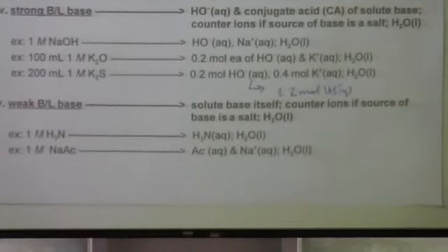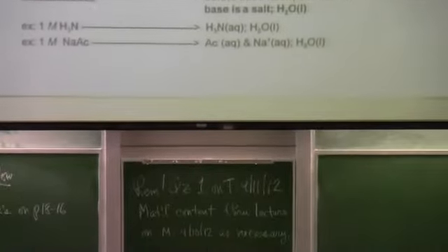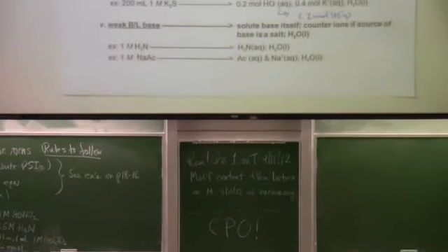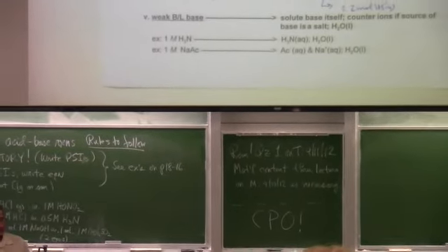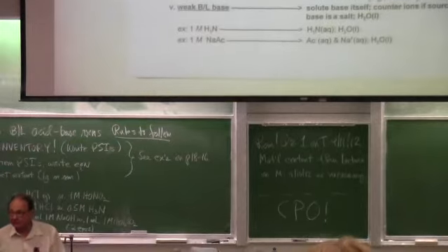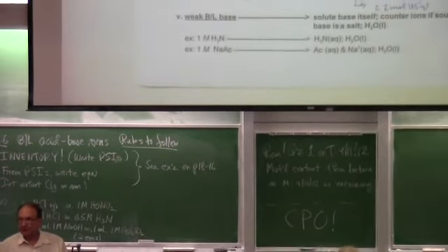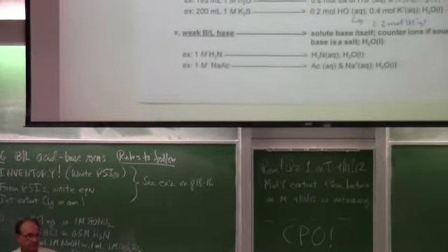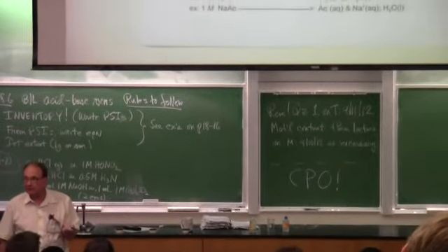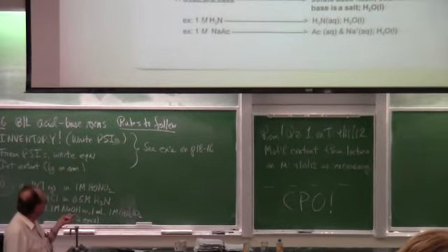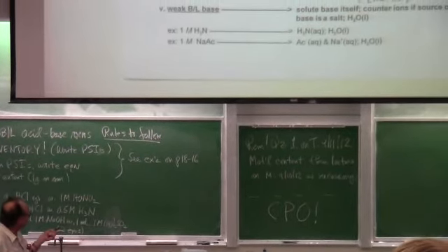Consequence, we can inventory correctly for principal species in a water solution of a weak base: the weak base itself, and counterions if the source of the weak base is a salt, like sodium acetate. Okay?